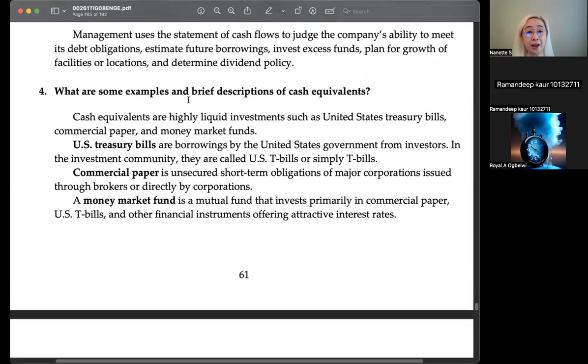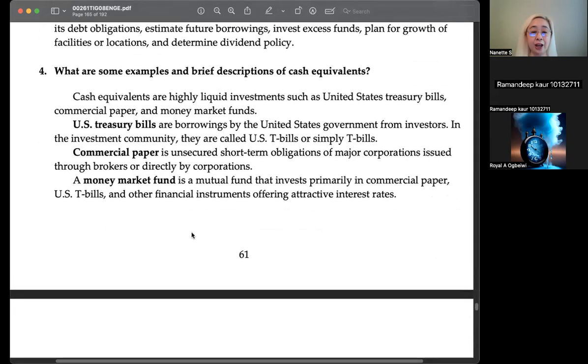So these are some terminology descriptions of what is a treasury bill, what is a commercial paper, and what is a money market fund. This is very similar to the Canadian stock market. Treasury bills are issued by the government, in our case, the Canadian government. Government treasury bills are more secure, but a lot less lucrative compared to a money market fund.